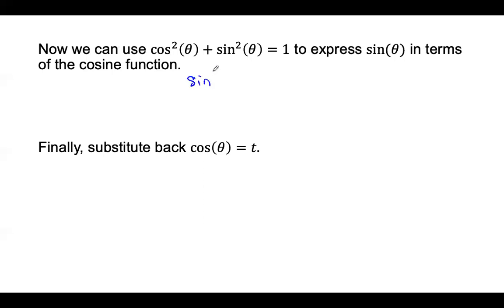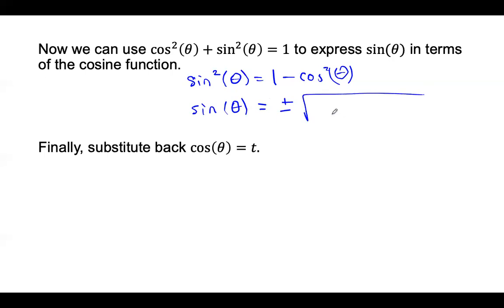So sine squared of theta is equal to 1 minus cos squared of theta, which means sine theta is equal to plus or minus square root of 1 minus cos squared theta.